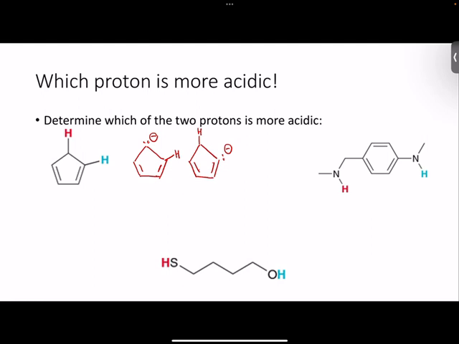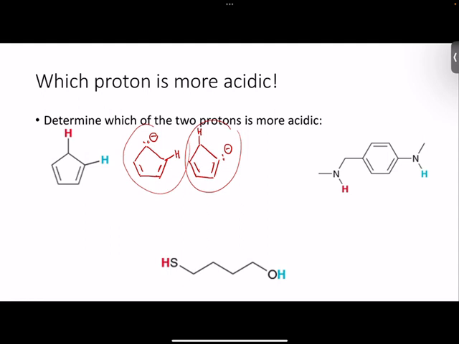So if we look at those 2, we have our negative charge on a carbon, right? So our main factor, I would say, is resonance. This one can do resonance, while this one can't do resonance. Why can't it do resonance?